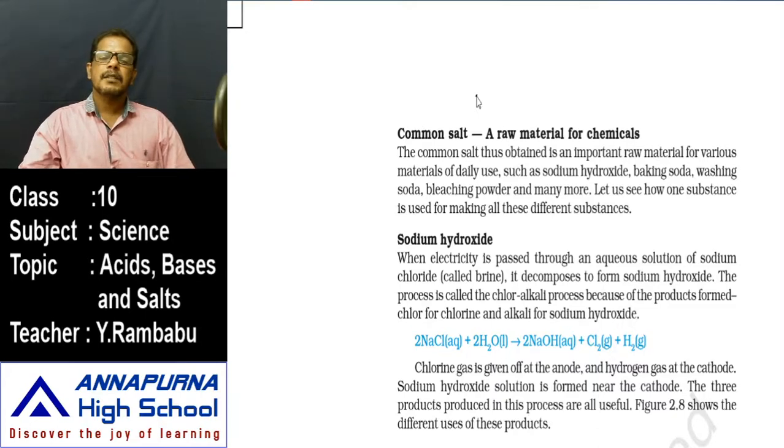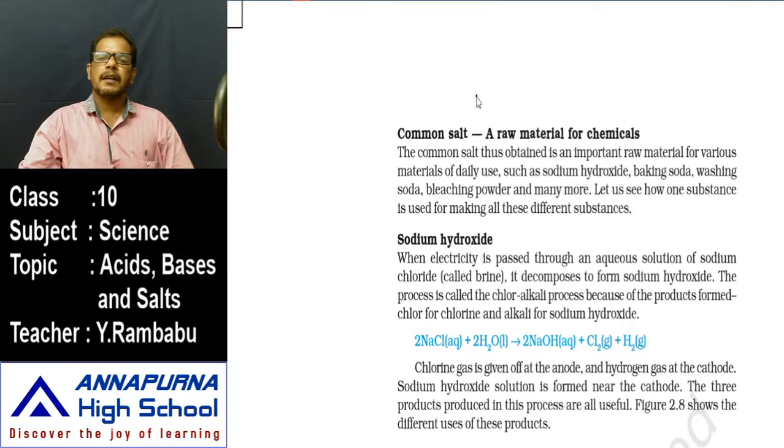We think this common salt is used only to enhance the taste of food. If we think so, it is incorrect. From this common salt, so many substances that we use in our daily life, like sodium hydroxide, baking soda, washing soda, bleaching powder, and hydrogen gas, chlorine gas, ammonia, are obtained.